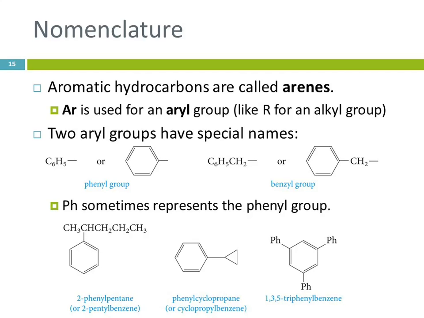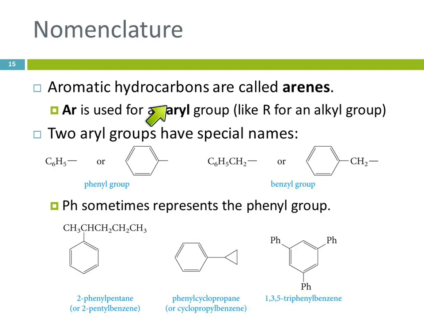So we talked about alkanes and alkenes and alkynes, and in that pattern, the aromatic hydrocarbons are called arenes. So they're aromatic, and they are like alkenes, and yet they're not. And sometimes we have to name an aromatic ring as a substituent on something else.